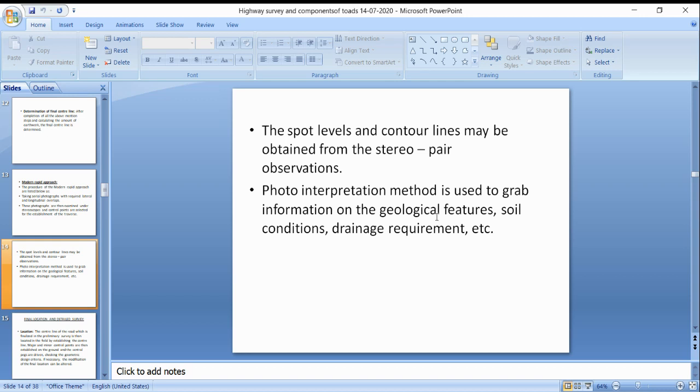So without going to that field, we can grab the picture and get all the geological features and the soil conditions there itself. This instrument known as the stereoscope will capture the data.